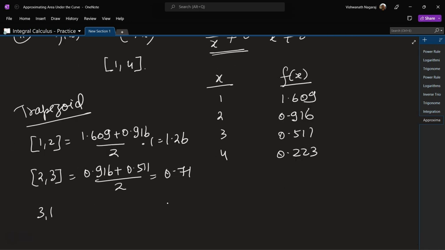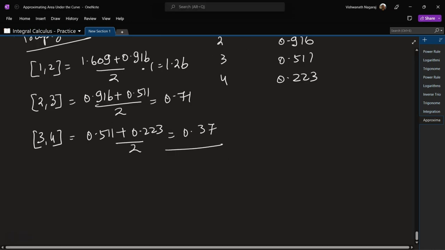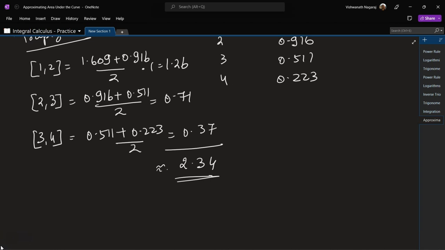And from 3 to 4, it gives us 0.511 plus 0.223 by 2, which gives us 0.37. And if we add up all these areas, we get 2.34. Remember, these are all approximations because each individual step involved approximations.